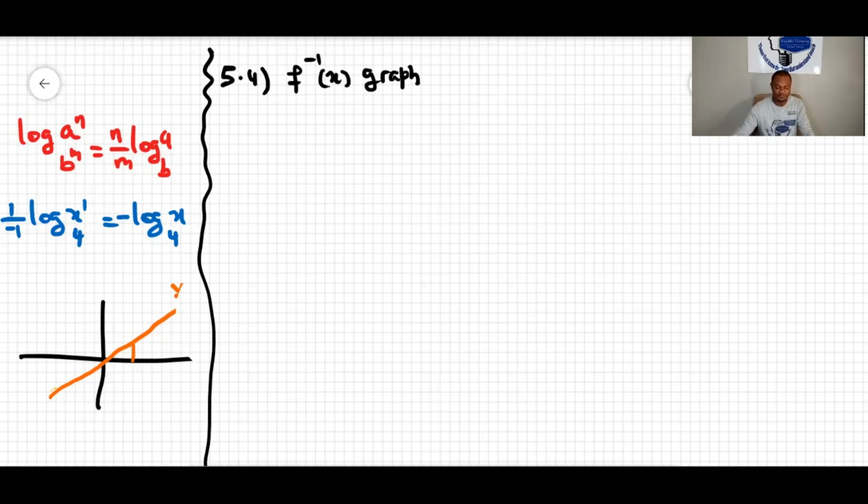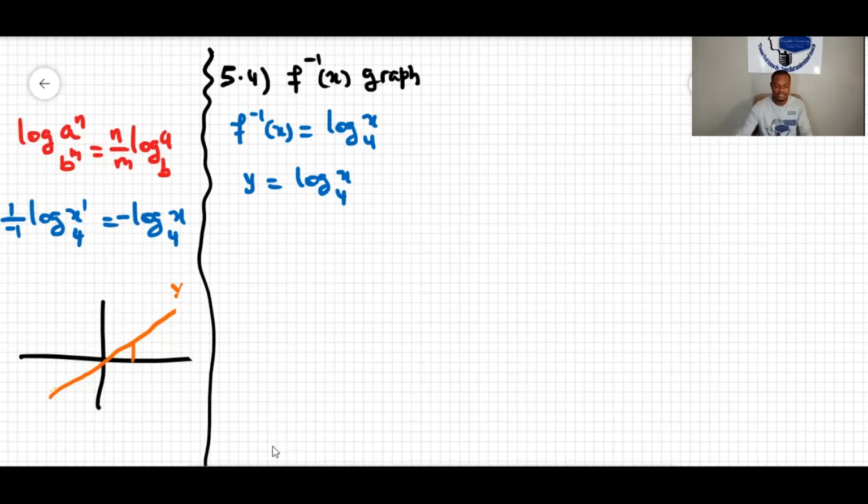So now let's see. F minus 1 of x was given by log of x base a quarter. So y equal to log of x base a quarter. Now, to do the graph of the log, we need to determine the intercepts.